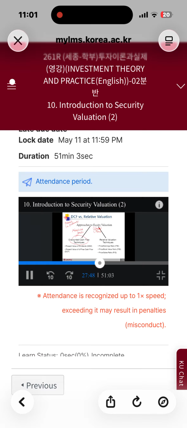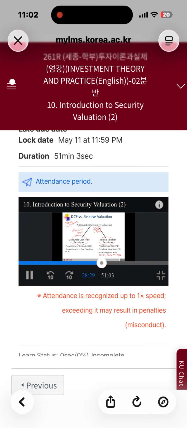It means that when you use the DCF model, you will have some absolute number to infer the value of the firm. And there are relative valuation techniques using the ratios, financial ratios, or the earnings ratio, or the price multiples. We call them relative ratios, or price multiples. Okay, so there are two approaches.